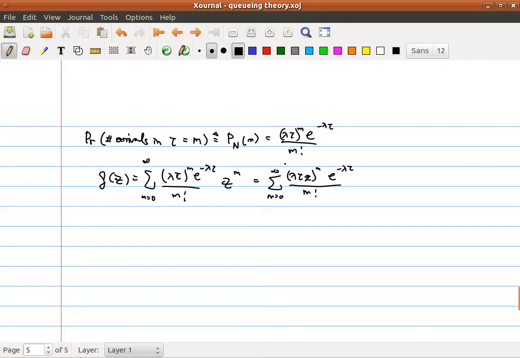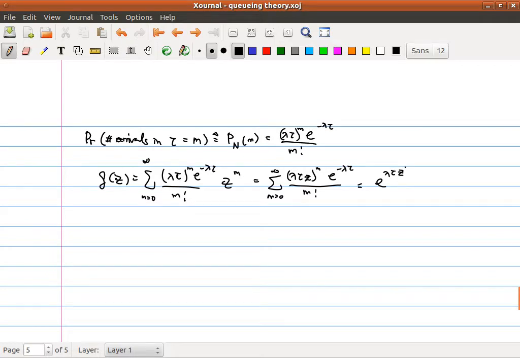One thing I know is that this thing here, if I ignore this part here, when I sum together, should be just equal to exponential lambda tau z.